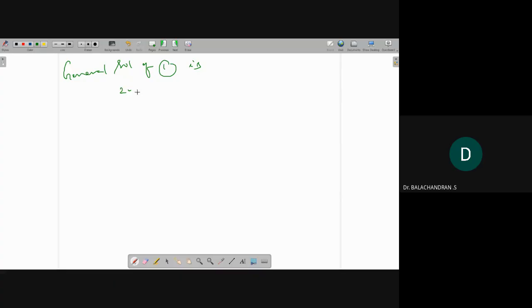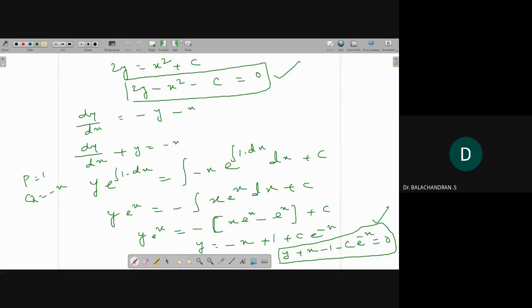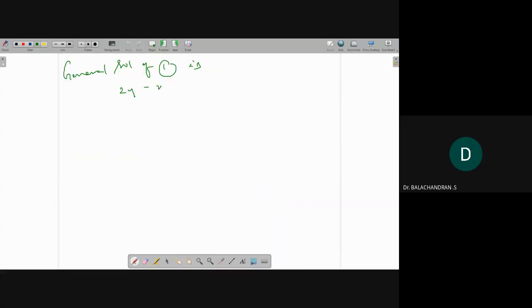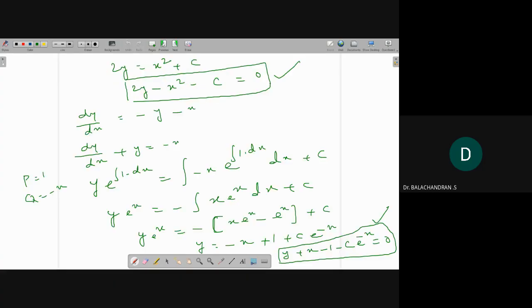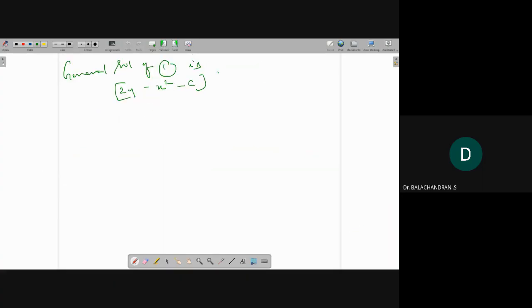Please check: 2y minus x square minus c into y plus x minus 1 minus c into e power minus x equals 0. So this is the final answer.